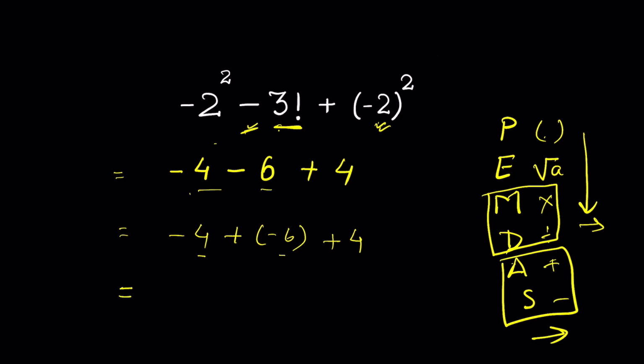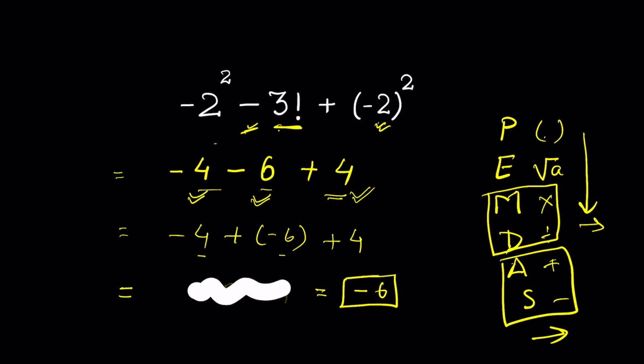You have a debt of $4 and you are again taking a debt of $6. So total debt will be −$10. Now plus 4 means that you have $4 to return. So you earned $4. Now you want to pay back. So you are paying back. That means you are still in debt of −$6.